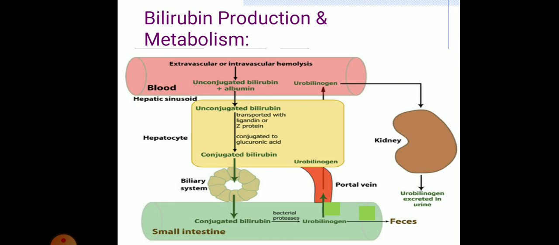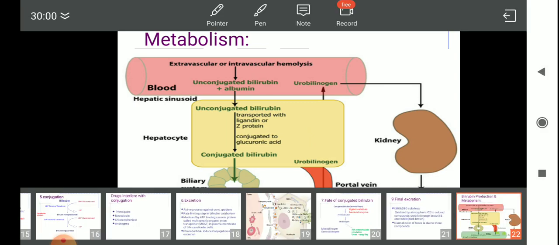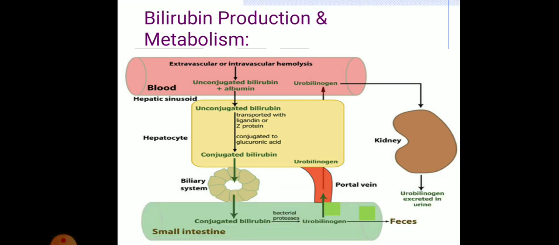In the liver, it is taken up into hepatocytes; before that it is solubilized with the ligandins, Y protein or Z protein, and after that conjugated by glucuronyl transferase. The glucuronic group is removed by intestinal bacteria releasing beta glucuronidase enzymes, and urobilinogen is formed.